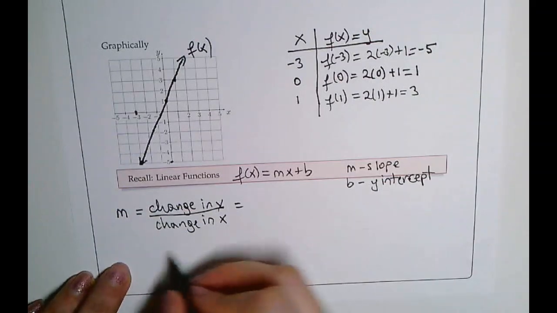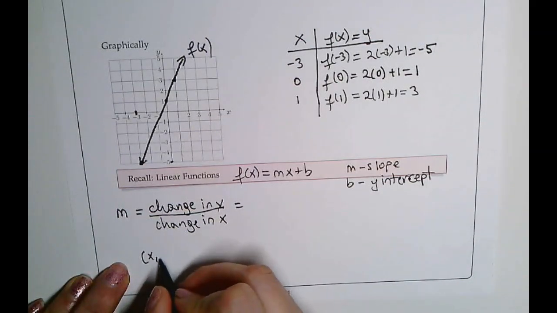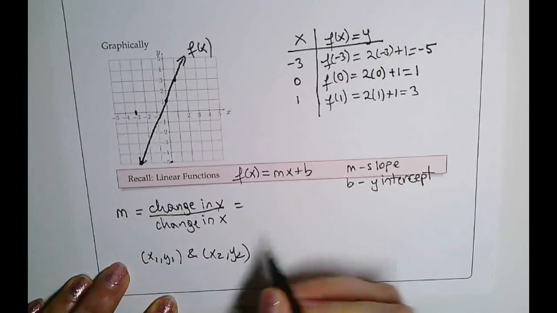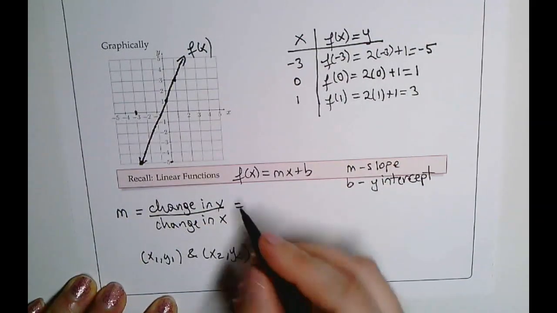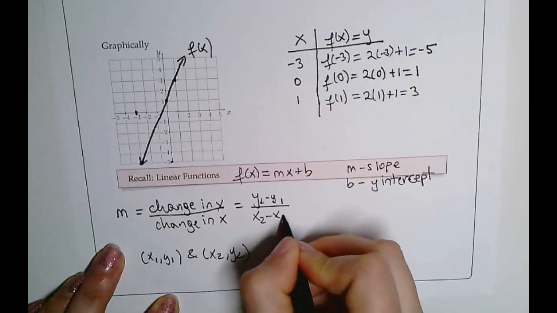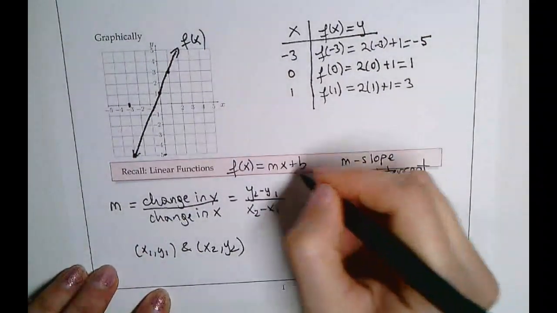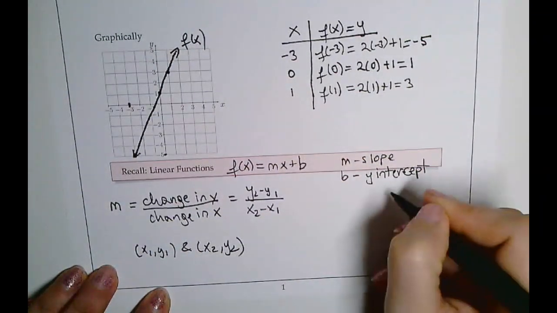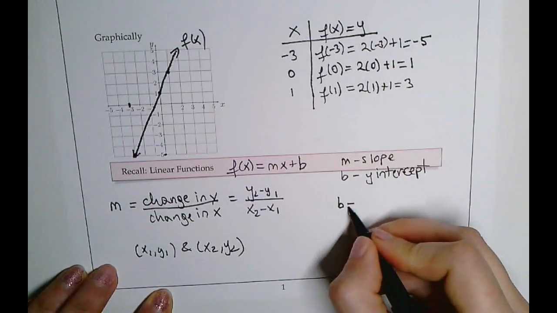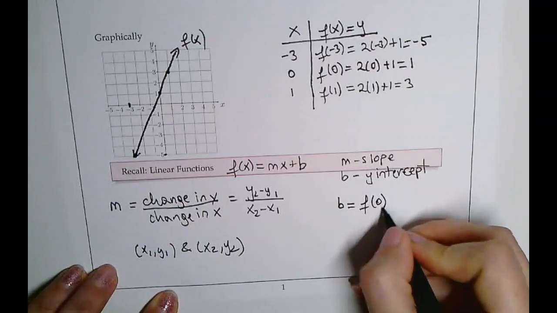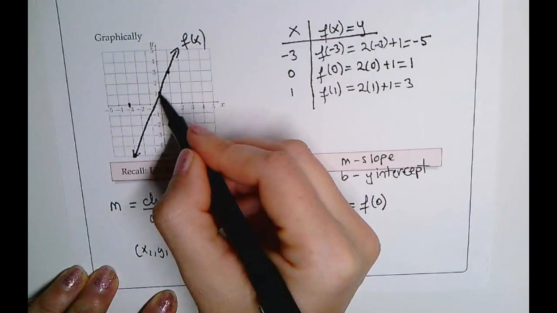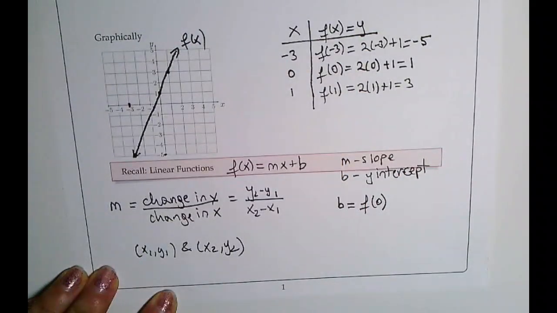So if I have 2 points, (x1, y1) and (x2, y2), the slope is going to be the change in y over the change in x, so y2 minus y1 over x2 minus x1. And then b, the y-intercept, is actually the function evaluated at 0. So when x is 0, you want to find the y-intercept.